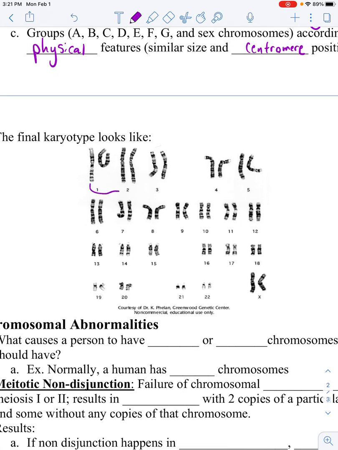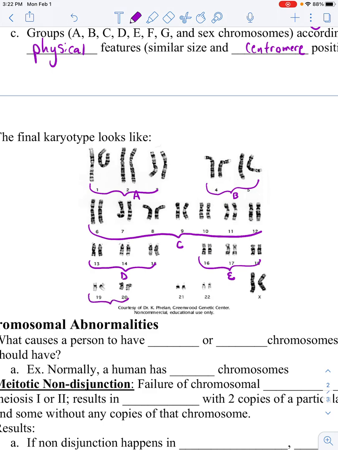So chromosomes 1 through 3 are group A, 4 and 5 are group B, 6 through 12 are group C, 13 through 15 are D, 16 through 18 E, F, G, with the sex chromosomes at the end.